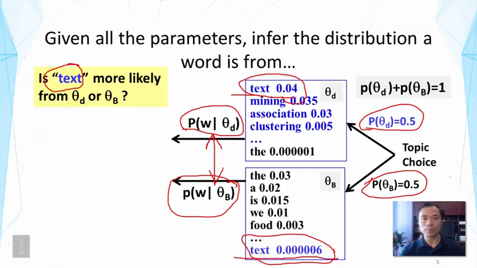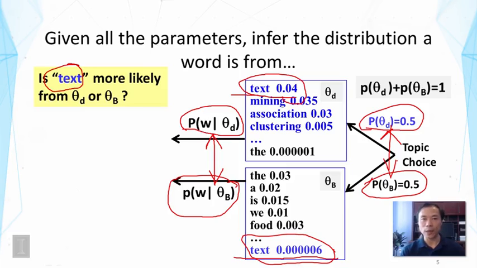But our guess must also be affected by the prior. So we also need to compare these two priors. Why? Because imagine if we adjust these probabilities, we're going to say the probability of choosing a background model is almost 100%. Now, if you have that kind of strong prior, then that would affect your guess.